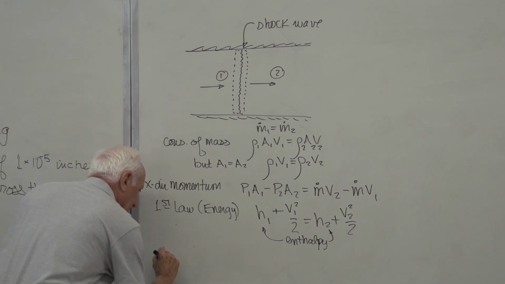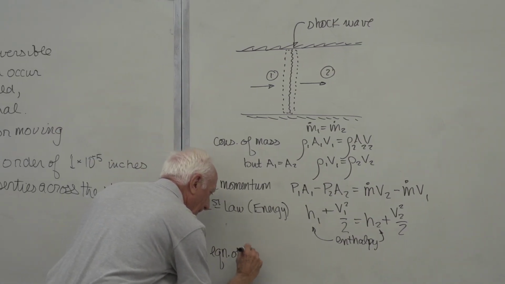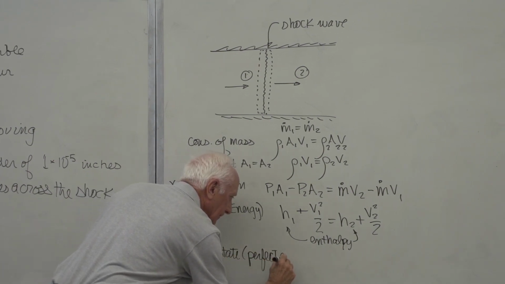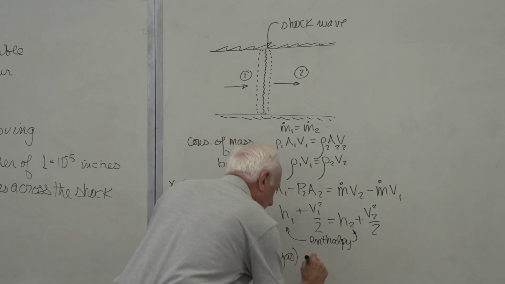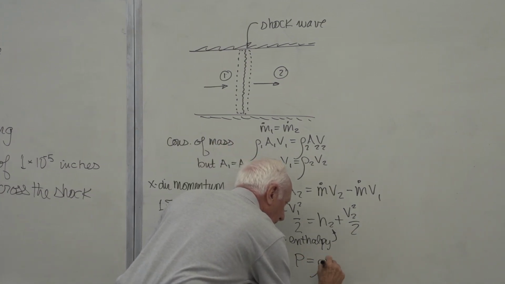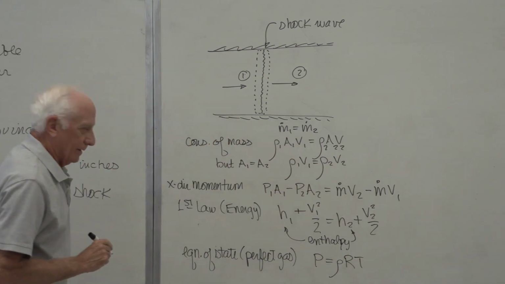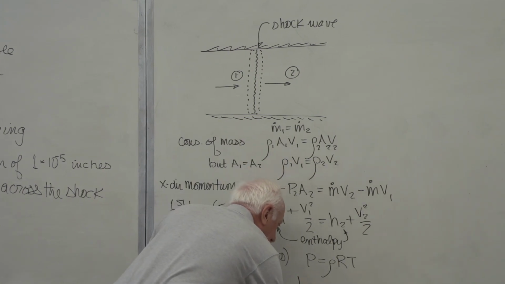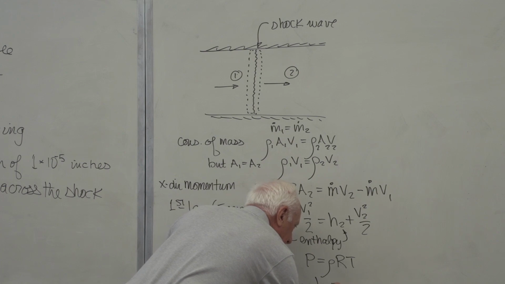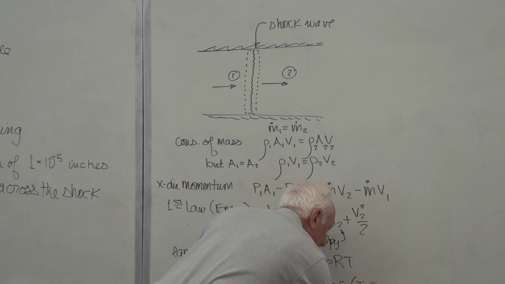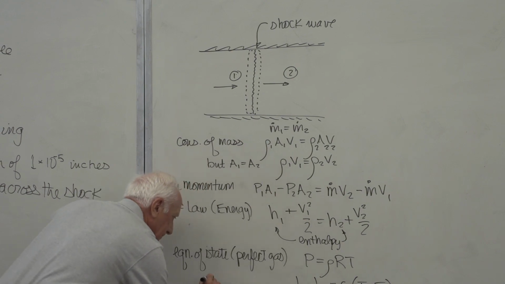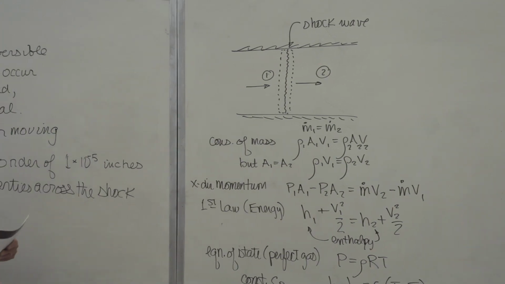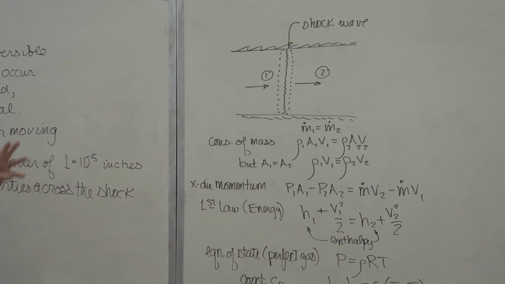Then we have the equation of state for a perfect gas, P equal rho RT. And we also have for this the change in enthalpy, H2 minus H1, for constant C sub P equal to C sub P times T2 minus T1. That's constant C sub P. So basically those are the equations we're going to work with.